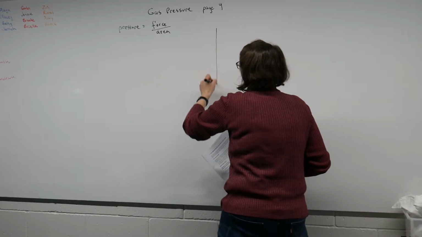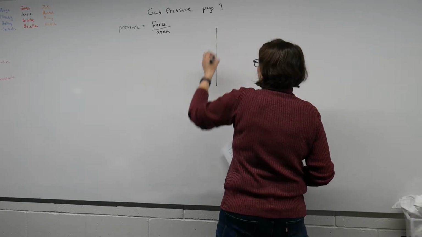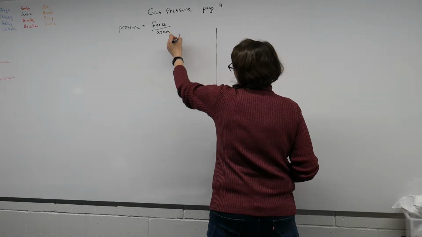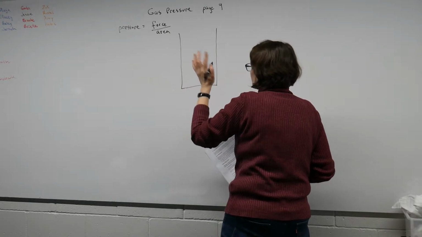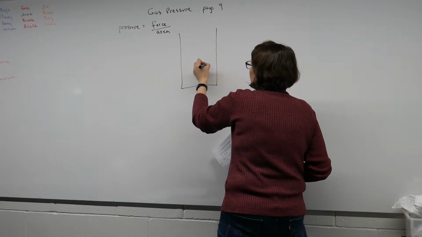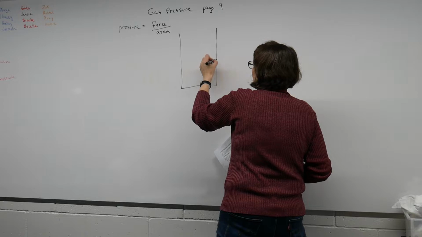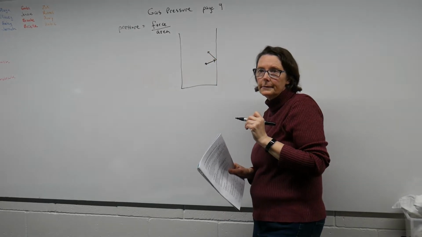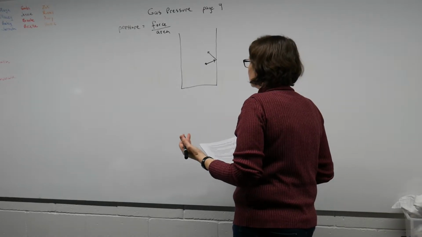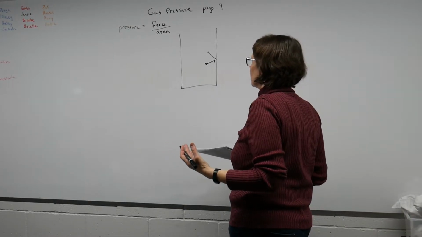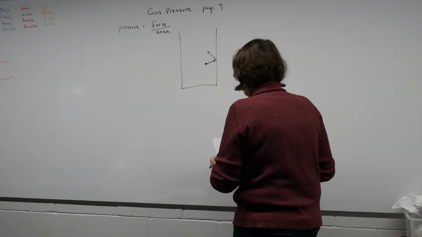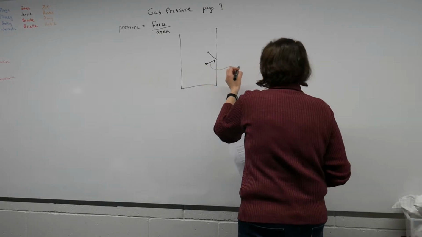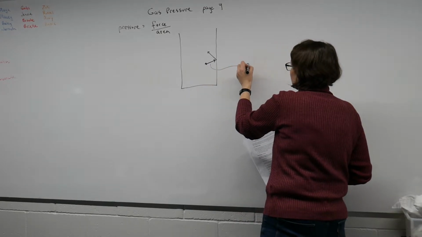Well, we know what we have. If this is the wall of my container, I'll draw it as a complete container. My gas particles are going to be bouncing off the wall, aren't they? And so the factors that influence how much pressure there is: how fast these are moving, so there's speed.